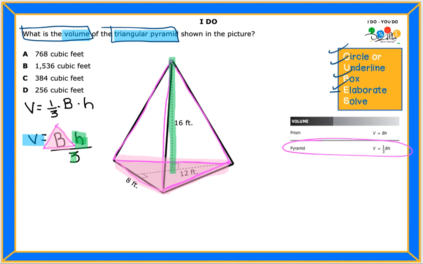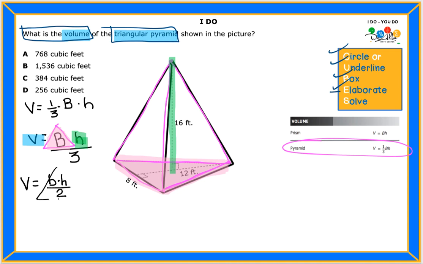Okay, great. And after we do have the formula, we're going to start plugging in values. So I'm going to say the volume is going to have to be equal to: find the area of the triangle, we have to multiply the base of the triangle times the height of the triangle and then divide by 2.